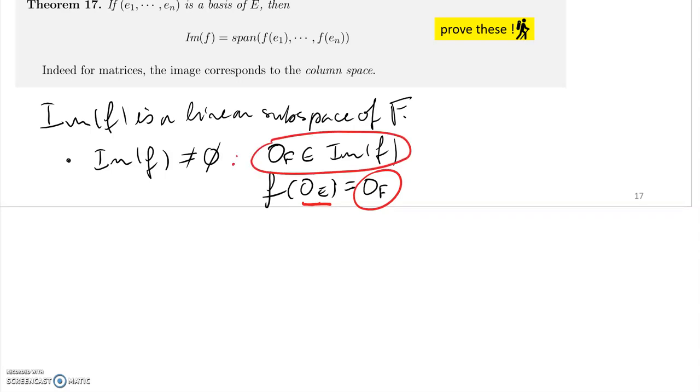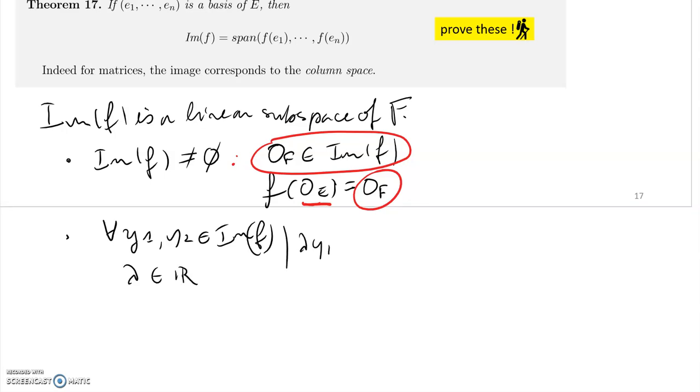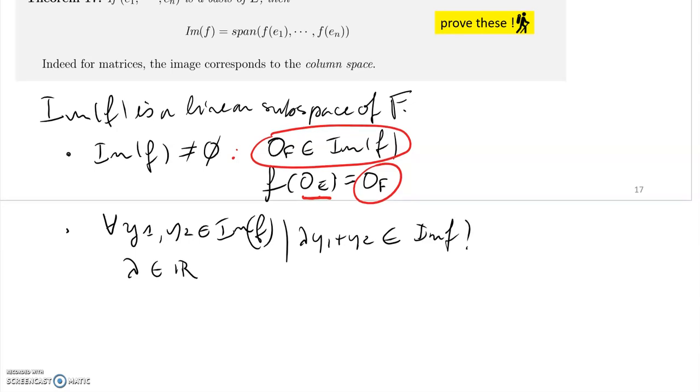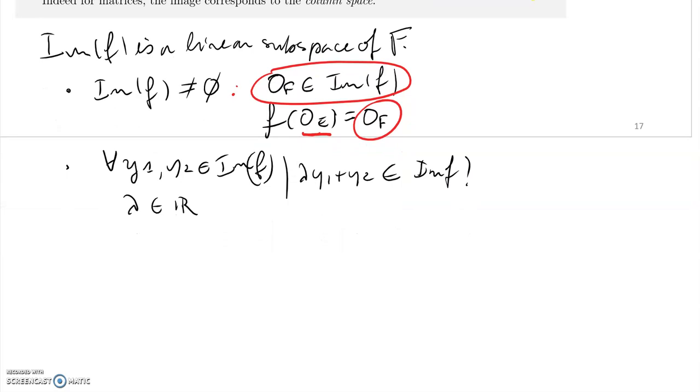Next thing, the usual linearity property. Let's take y1 and y2 that belong to the image of f, and lambda that belongs to R. Do we have that lambda y1 plus y2 belongs to the image of f? If so, then we have a linear space.